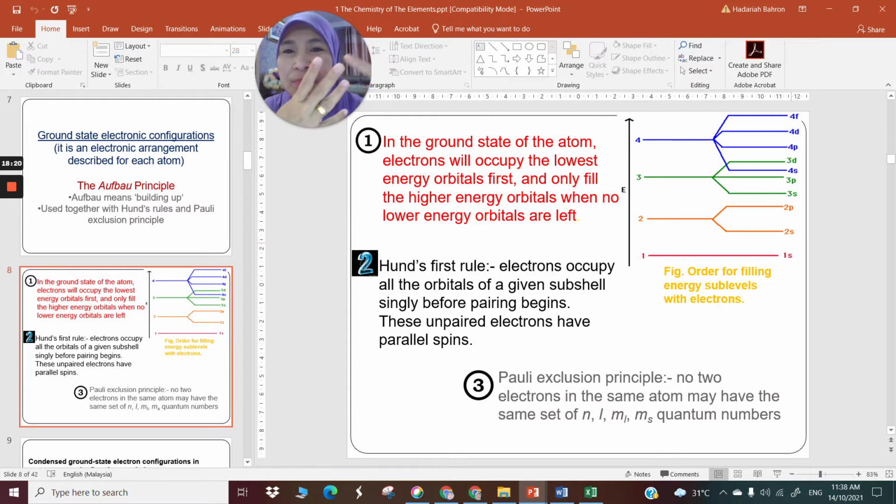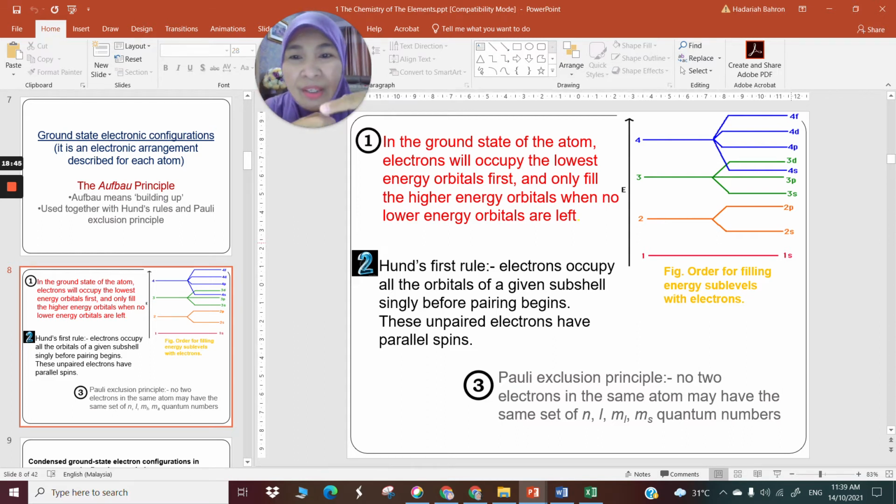You have px, py, and pz. So in the second layer, there is one s orbital, which is the 2s, and then you have the 2px, 2py and 2pz. So 4 orbitals, that means 8 electrons can go in. There are 8 electrons that can go into the second layer.